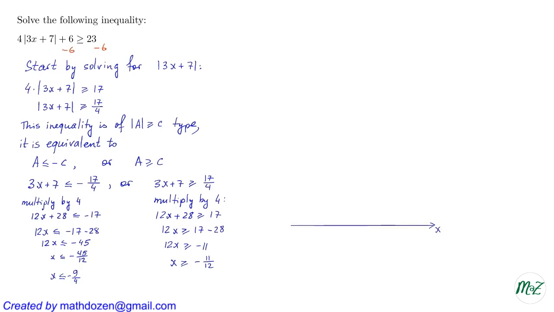For the graphical representation, the first inequality says that x is less or equal than negative 9 quarters. So this is negative 9 quarters, and I'm going to take everything to the left of that. The second inequality says that x is greater or equal than negative 11/12. So negative 11/12 is actually to the right of negative 9 quarters, and we take everything that is greater than negative 11/12.